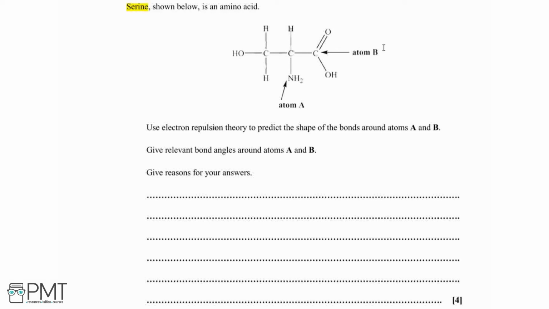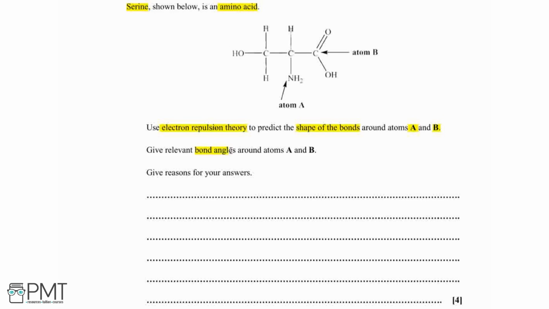Serine, with the structure shown below here, is an amino acid. So that means we've got an amine group and we've got an acid group here and a variable R group at this end here. And for this question, we need to use the electron pair repulsion theory in order to predict the shapes of the bonds around atoms A and B, which are shown in the diagram.